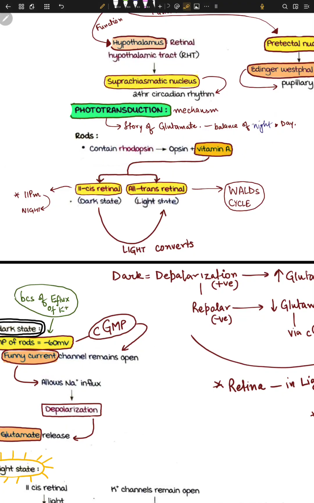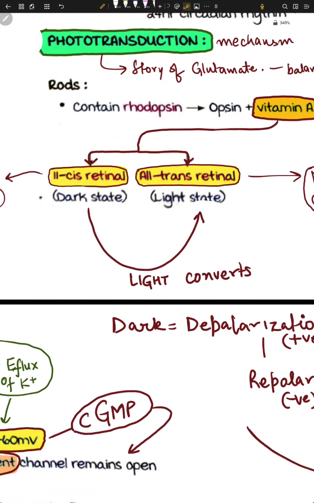Okay, so rods contain rhodopsin made up of opsin plus vitamin A. And what vitamin A is, right? It's present in your body in two forms. Okay, first is 11-cis retinal, and other is all-trans retinal. These forms of vitamin A can be changed with the help of light.